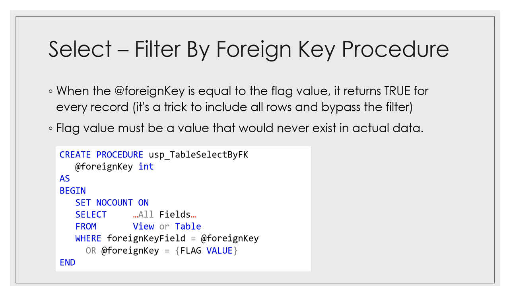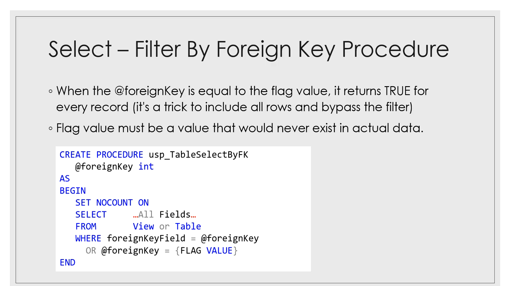Now, if we're going to add additional optional selects, typically they're for foreign keys, right? That's the most common thing you filter by. If you have a foreign key, again, I'll use the address example where city is a foreign key, and you want to filter by everyone in a given city, then away you go. So when the foreign key is equal to the flag value, it returns true.